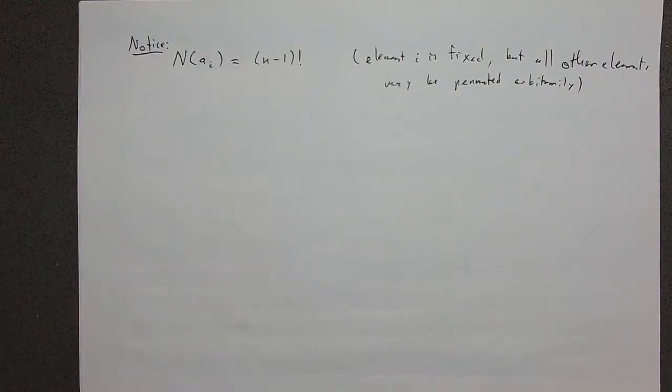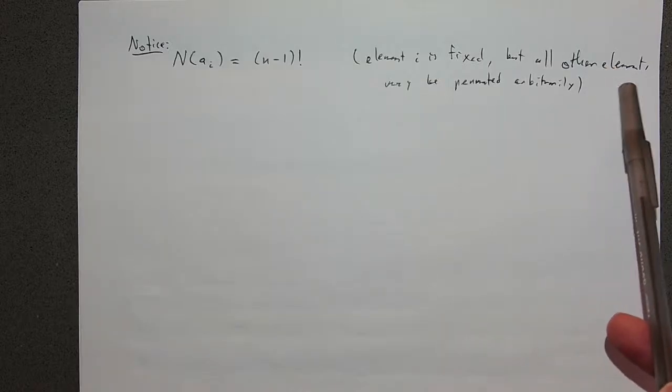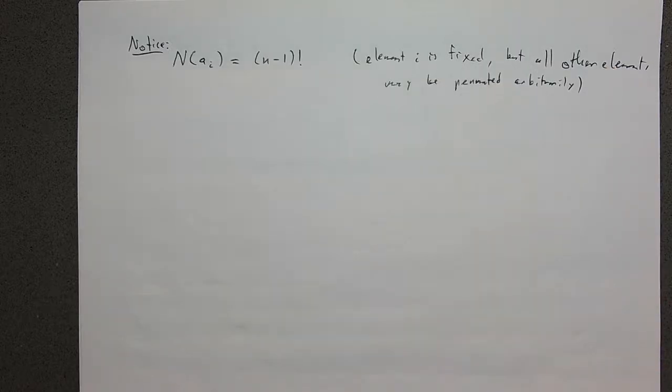If n is the total number of objects, then permutations on n objects is n factorial. But since one of the objects is fixed, the remaining elements, of which there are n minus 1, can be permuted arbitrarily. There are n minus 1 factorial such permutations. So there it is.